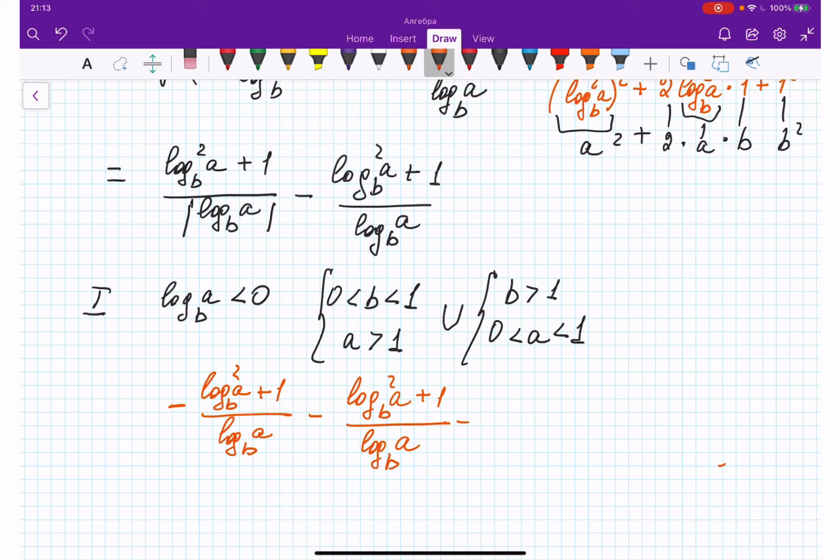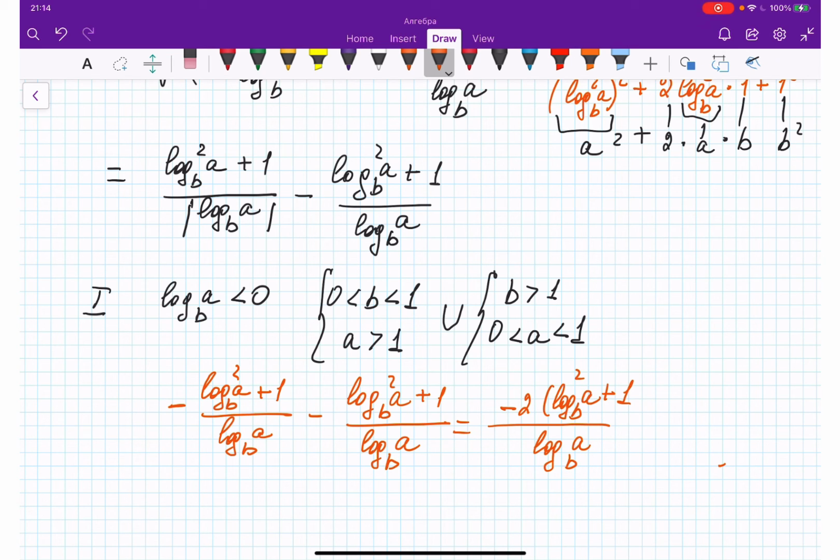And this is equal to negative 2 times (log_b(a)^2 plus 1) over log_b(a), right?